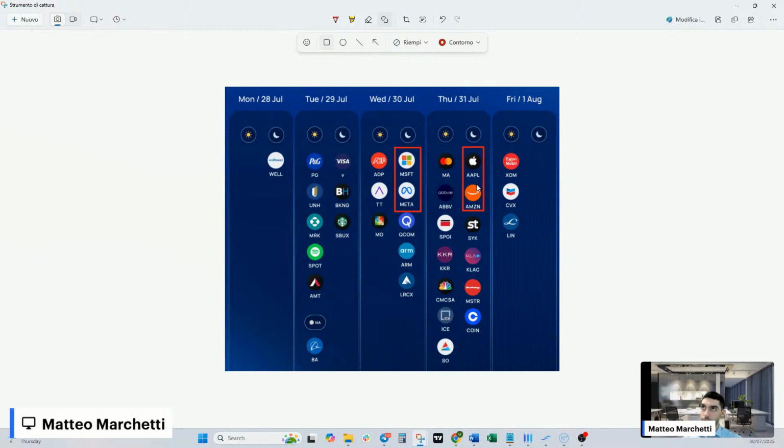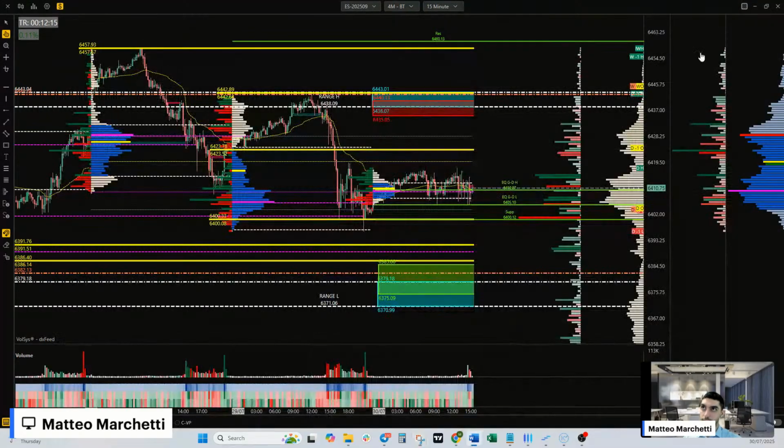Tomorrow, still after the closing bell, we have Apple and Amazon. So 4 out of 7 of the Magnificent 7 are reporting between today and tomorrow. Today we have also the FOMC meeting, and on Friday we have also the PCE figures.